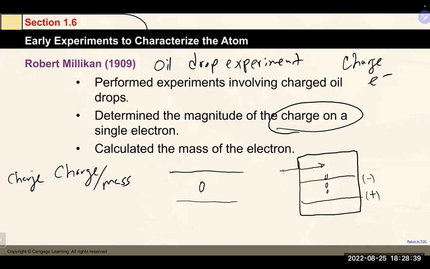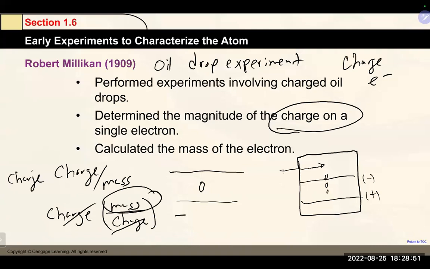If you take the charge and divide it by the charge to mass of an electron, the charges will cancel, and that allows us to determine the mass of an electron. So these two experiments led to a really nice understanding of the properties of electrons, and also the mass of electrons when you take them both together.